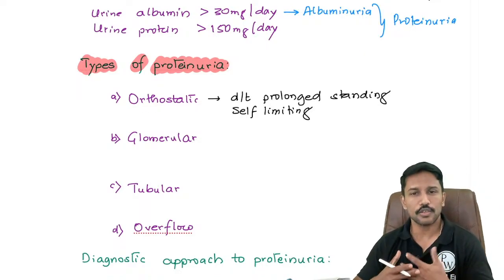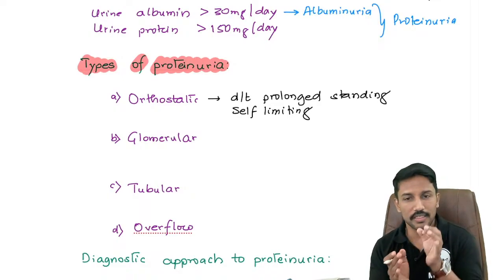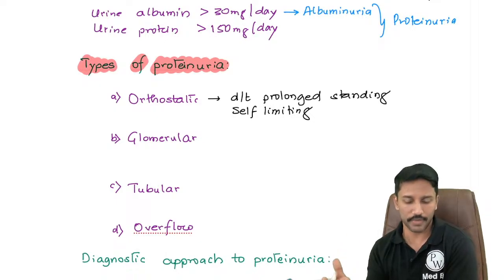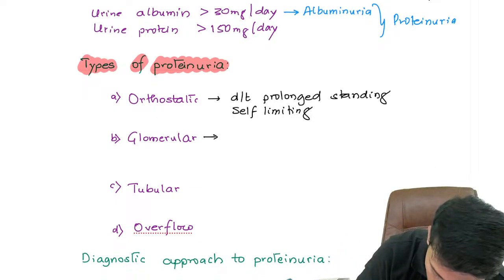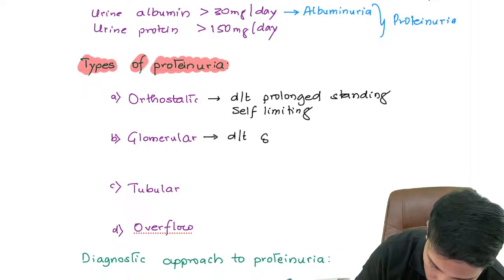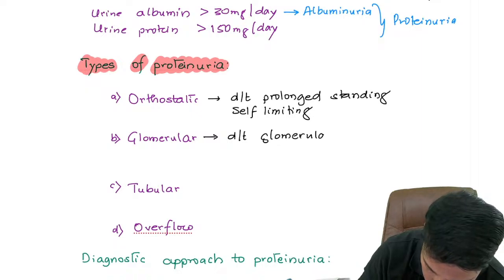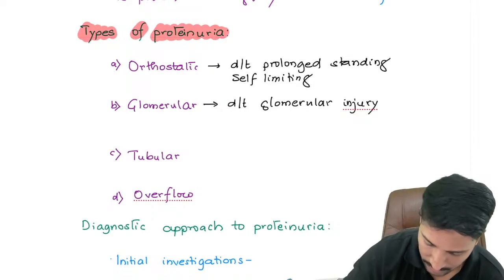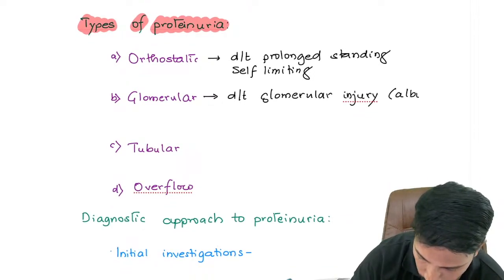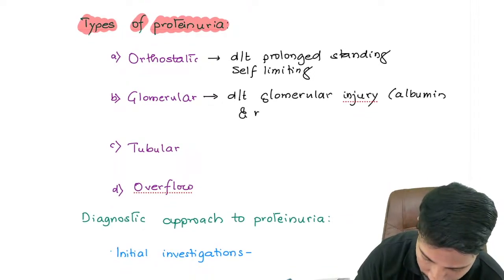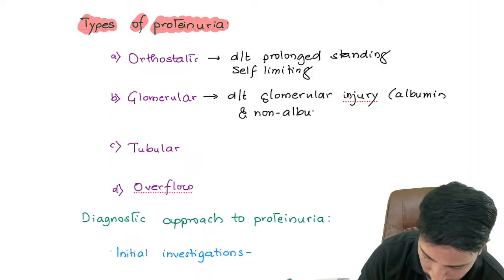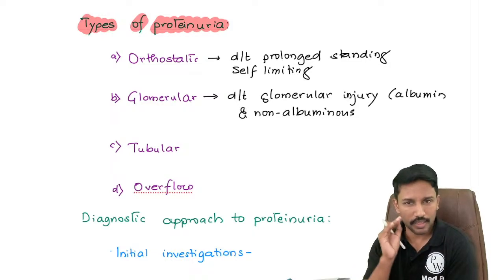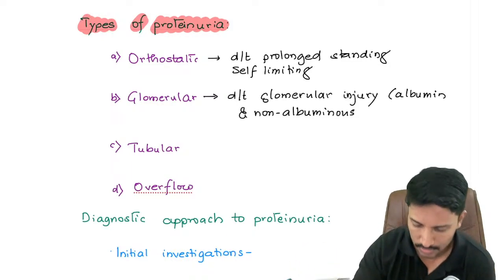Okay. Second is glomerular proteinuria. So basically there is injury to the glomerulus and you are losing glomerular proteins or large molecular weight proteins. So it is due to glomerular injury, and that can include albumin and non-albuminous proteins, because albumin is not much filtered by glomerulus, but if I cause the injury, then albumin is being lost, right?